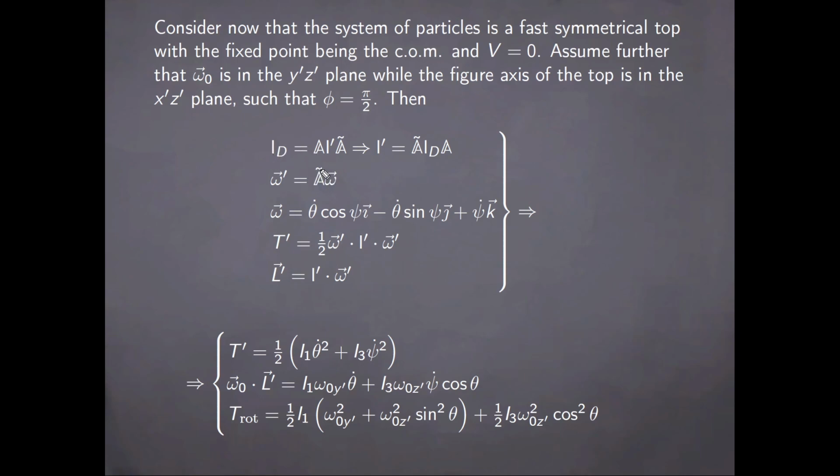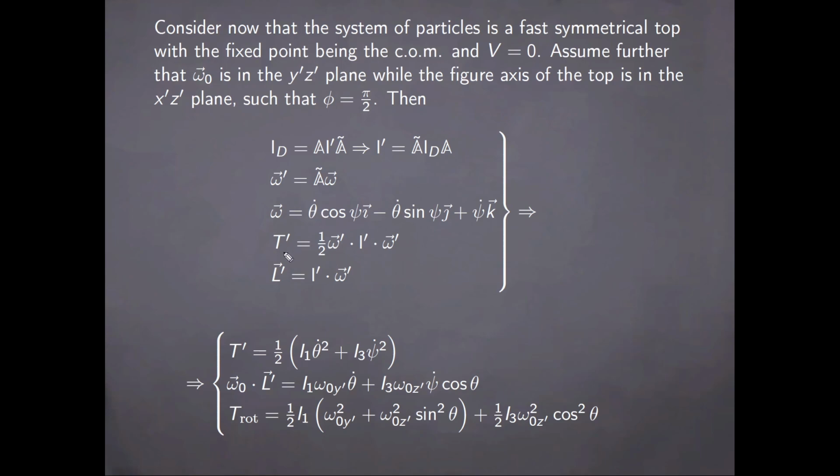This is done by applying the transpose of the transformation matrix A, and of course, with phi being fixed in the body frame, the angular velocity vector will have these 3 components.